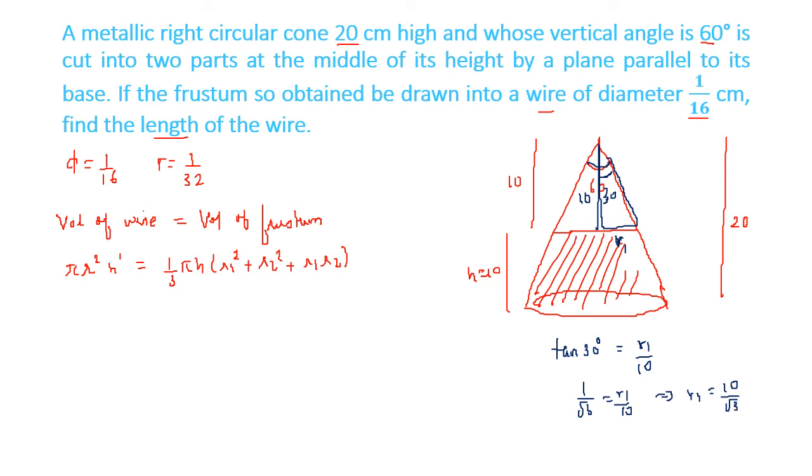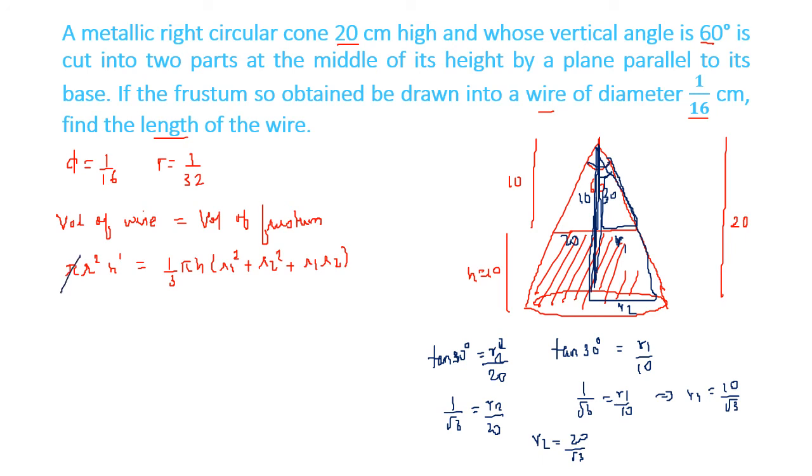Also, if I take the entire triangle from the very top, I get this height is 20 and this is r2. So tan 30 degree is also equal to r2 upon 20, 1 upon root 3 equal to r2 upon 20. So r2 equal to 20 upon root 3.